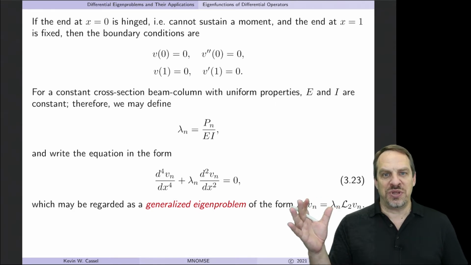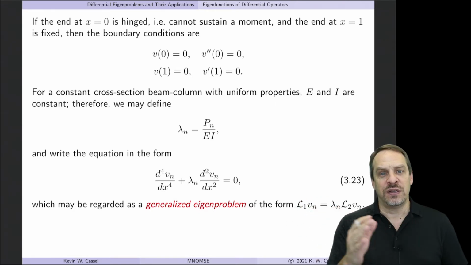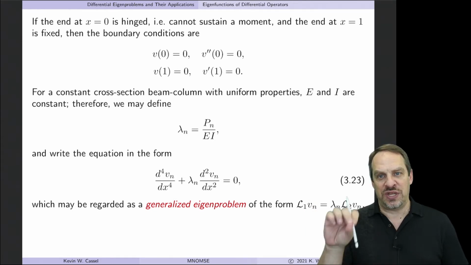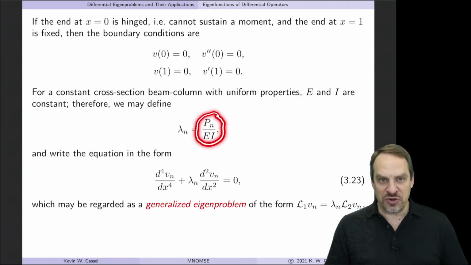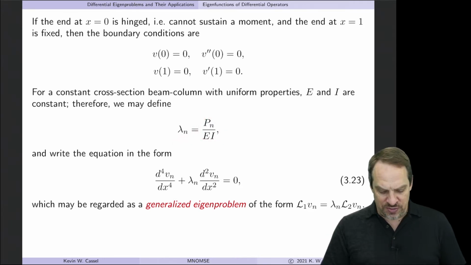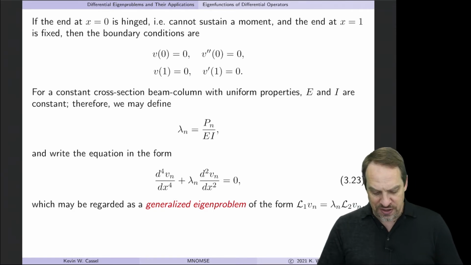So let's assume that our beam has a constant cross-sectional area, with E and I that are both constant. In that case, they can be taken outside the derivative, and we can group our parameters P over EI together as one. If we just choose a Greek letter, say lambda, we'll set lambda sub n equal to P sub n divided by EI.